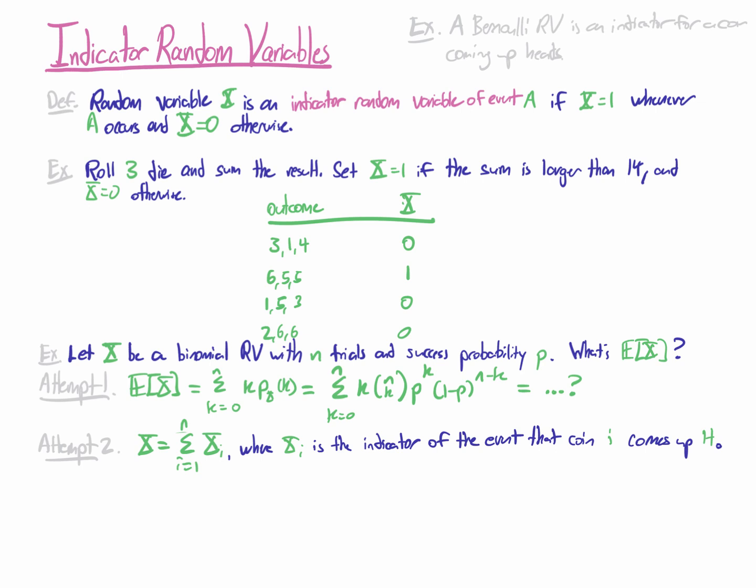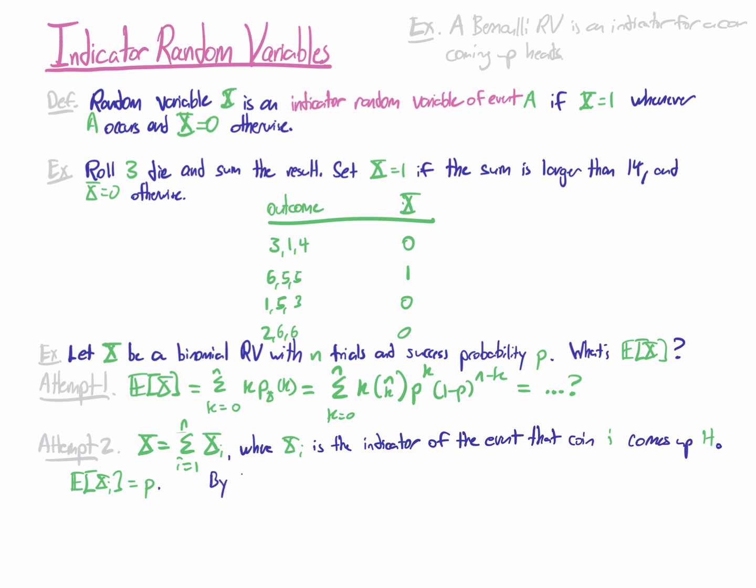What we know is that each of these x_i's is relatively simple. In particular, each one is a Bernoulli random variable. And its expectation is just like any other Bernoulli random variable. If the success probability is equal to p, the expectation is equal to p. We just derived that not too long ago.